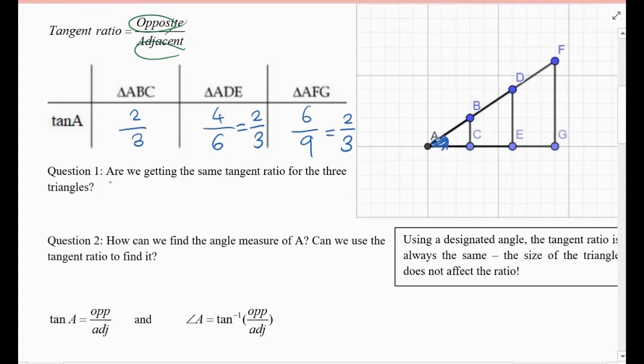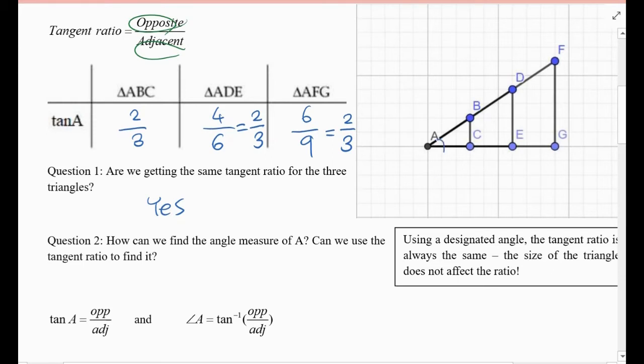So question 1: are we getting the same tangent ratio for the 3 triangles? Yes. The size of the triangle is not really important. What's important is the size of the angle measure. This can be like 30 degrees or 40 degrees, I don't know. It looks like 30 something degrees.